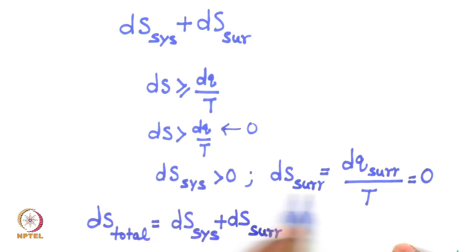This is greater than 0, this is 0, that means overall this is greater than 0. And by the second law of thermodynamics, if the entropy change in the system plus entropy change in the surrounding turns out to be positive, then the process will be spontaneous in that direction. So, hence we prove that the gas expansion into vacuum is a spontaneous process.